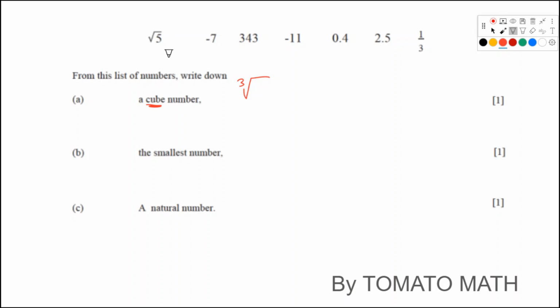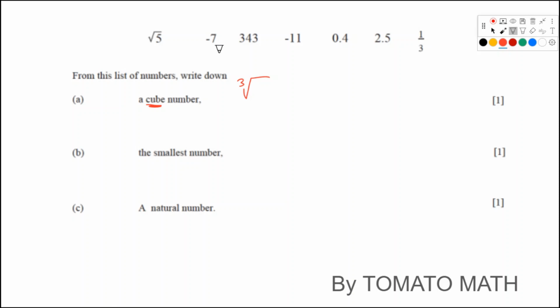Now we know that the cube root of 5 is not a perfect number. If you try it in the calculator, you will get 2.23. So this is not even a rational number, so of course it's not going to be a cube number. So this is wrong.